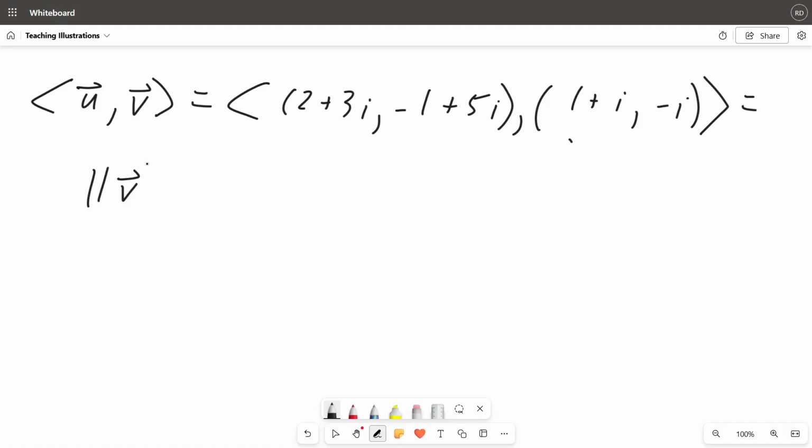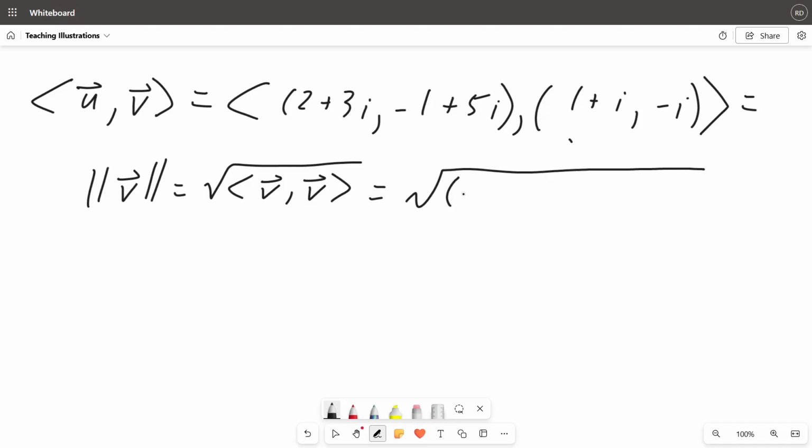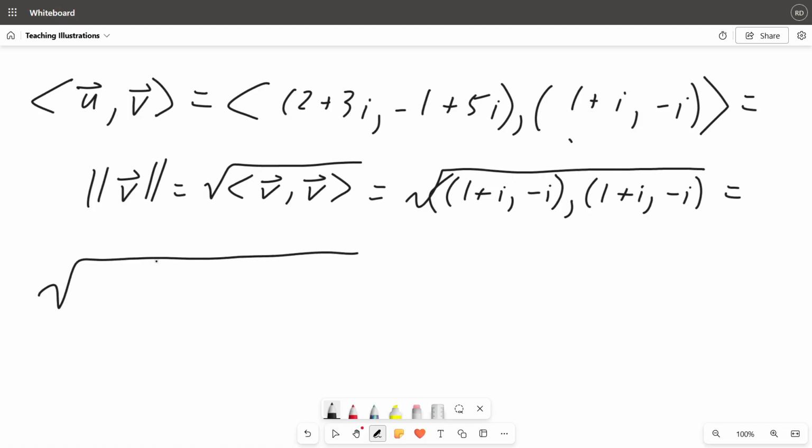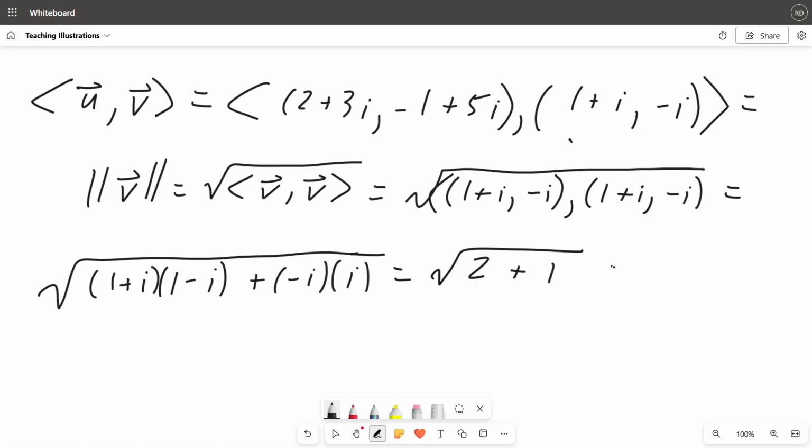The norm of v is the square root of v comma v, which is the square root of the inner product of 1 plus i comma negative i with itself, which is the square root of 1 plus i times 1 minus i plus negative i times positive i, which then becomes the square root of 2 plus 1, or square root of 3.